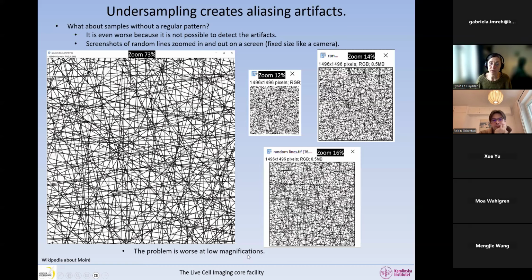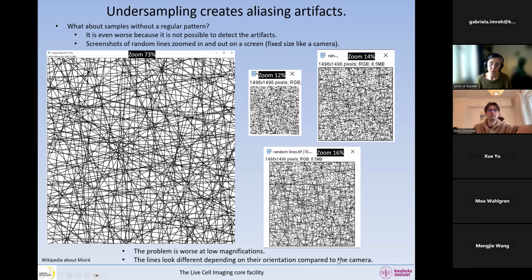And the problem is worse with low magnifications. So again, matching the pixel size with the screen size or, when we image with a camera, the camera size, the problem is worse with low magnifications. The lines look different depending on their orientation compared to the screen or the camera.